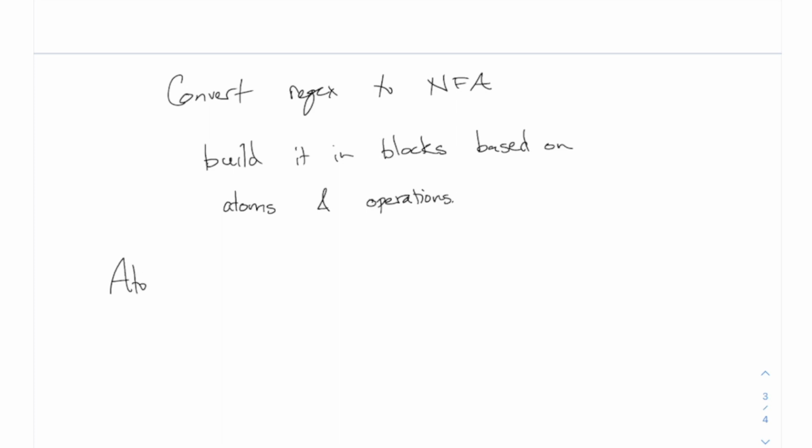So first of all, the atomic regular expressions. Those would just be individual letters, or the empty string, or the empty set, which we almost never use for regular expressions in the real world. But for an atomic regular expression, how about the letter A? If it's just the A, how do I convert that into an NFA? This will be an NFA which accepts only the letter A and rejects everything else. Can anybody say how to draw that?